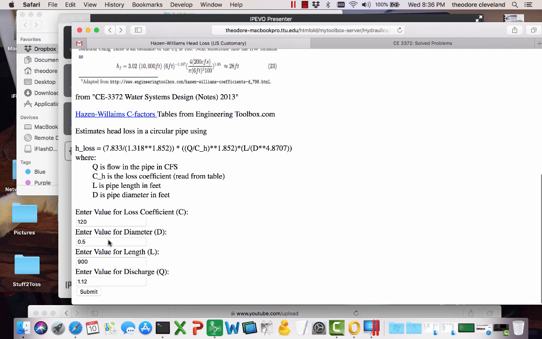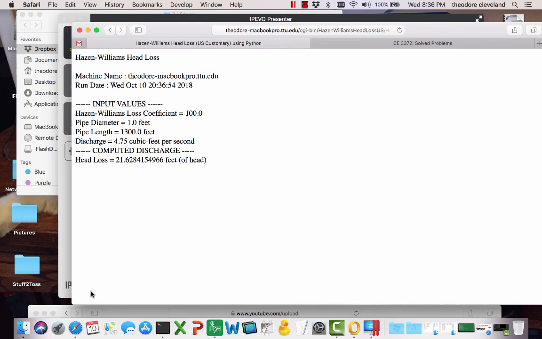Do the last one. 100, diameter is a whole foot, length is 1,300 feet, and enter a discharge of 4.75. We get QC equals 4.75. That produces a loss of 21.62 feet, also about the same.